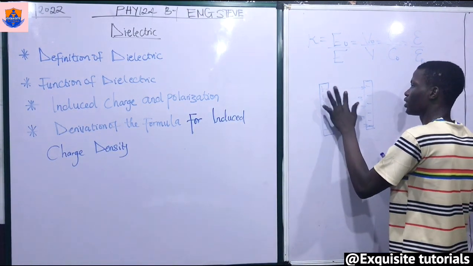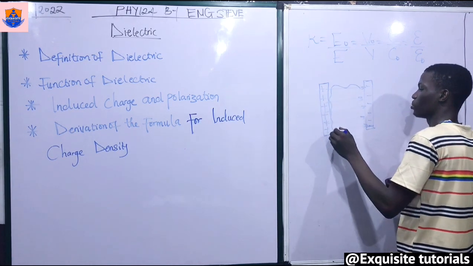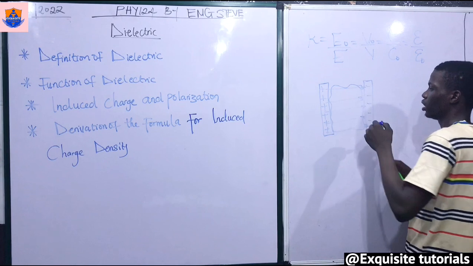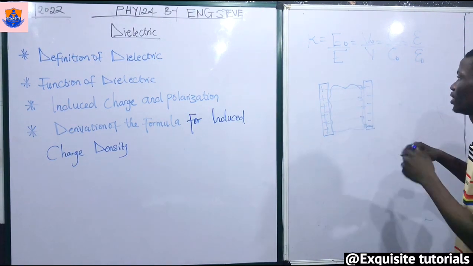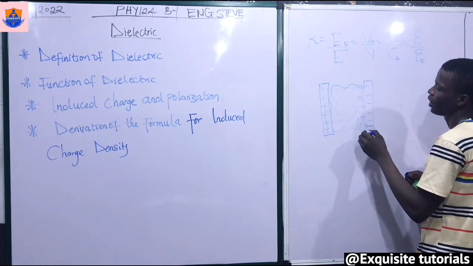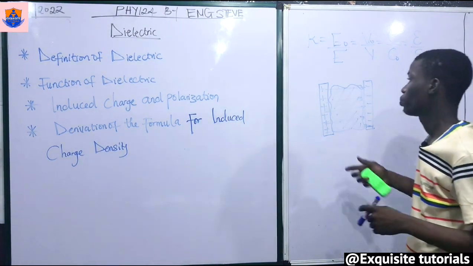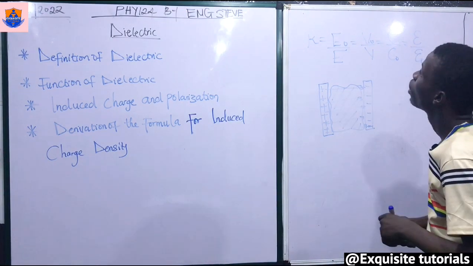But when I place a dielectric, let's just place anything here. Like I said, a dielectric is an insulating substance. It can be anything, oil, rubber, anything, provided it can allow the passage of electric field through it.